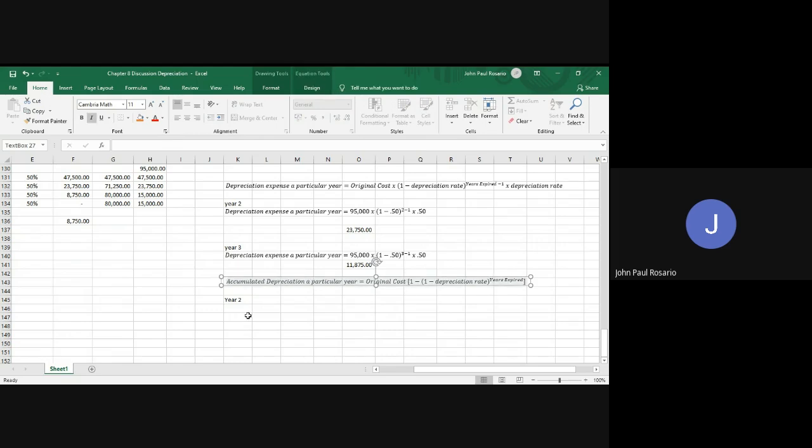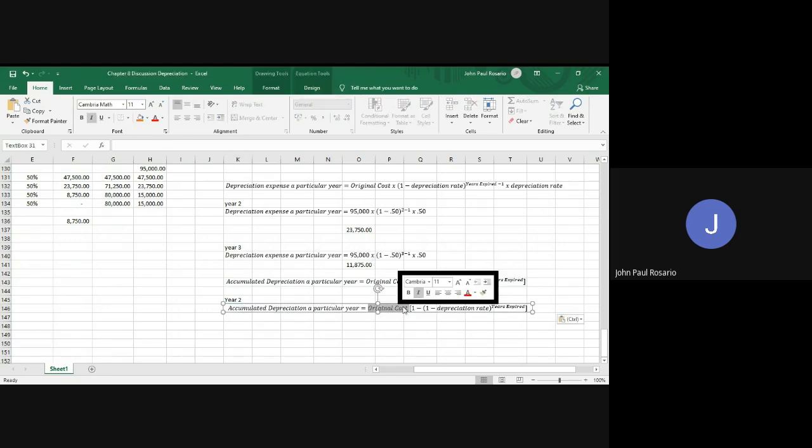Okay, so for example, on year 2, let's see if this formula would pull through. Original cost is 95,000. And then one less depreciation rate is 0.5, and we raise that to years expired, which is 2 years.